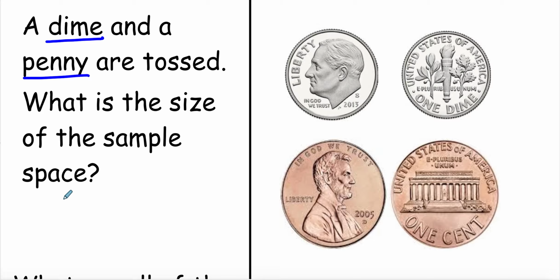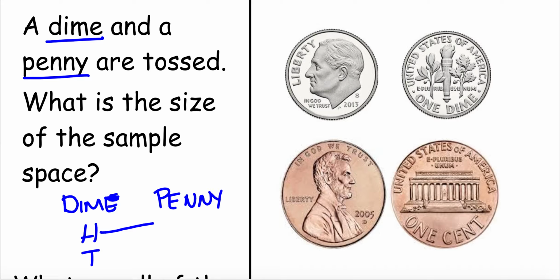Well, with my skirt, we had green, red, blue. With my dime, I don't have green, red, or blue. I have heads or tails. And then with my penny, I don't have purple or tan like I did with the shirt before. I have, again, heads or tails.